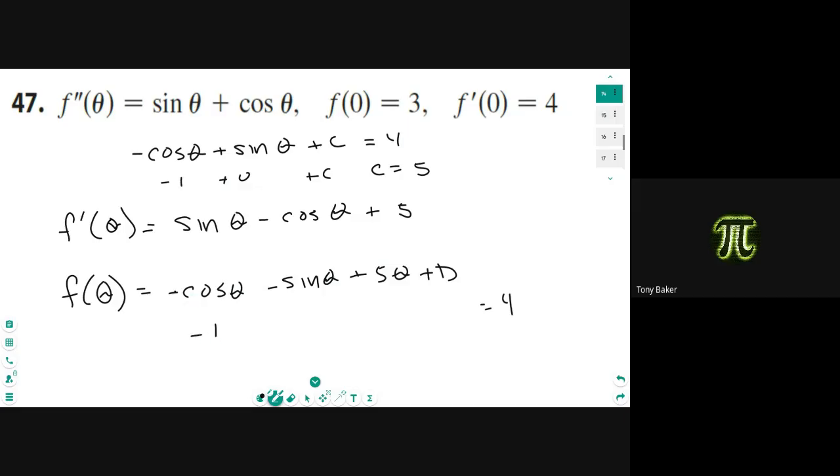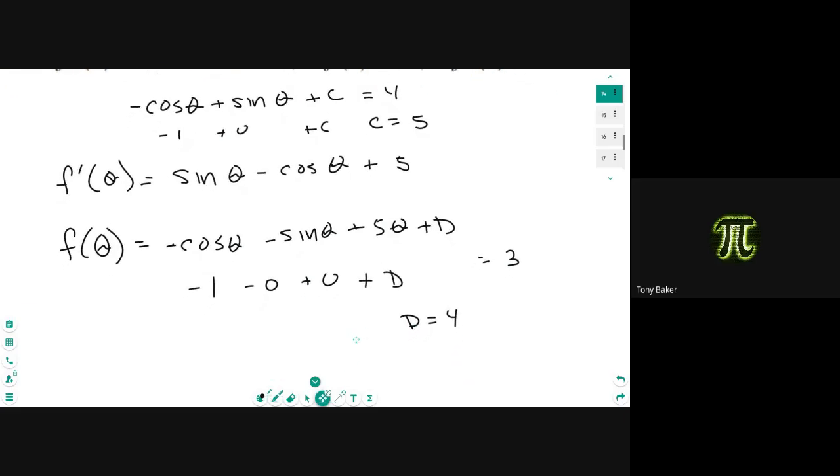So we have negative 1 minus 0 plus 0 plus d. Oh, that's not 4, it's 3. I was like, wait a second, D is not 5. So D is 4. So f of theta is negative cosine.